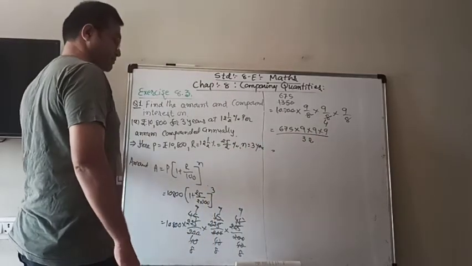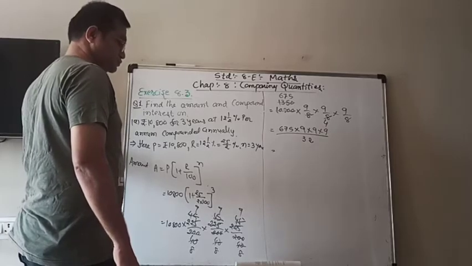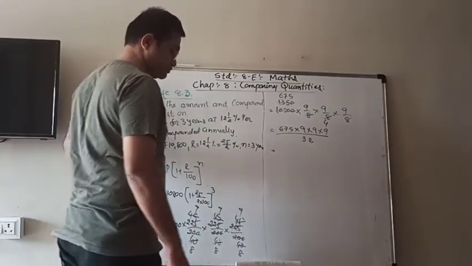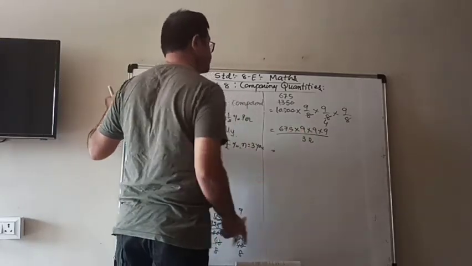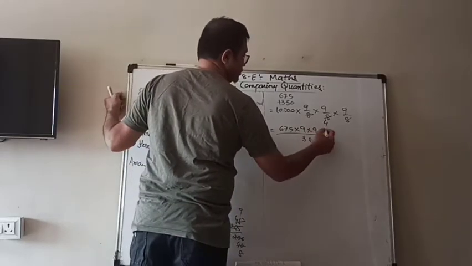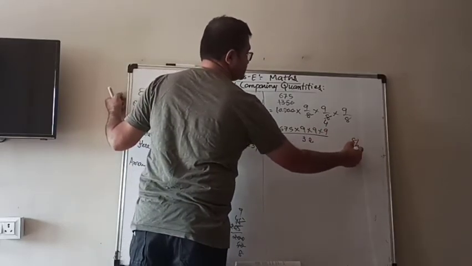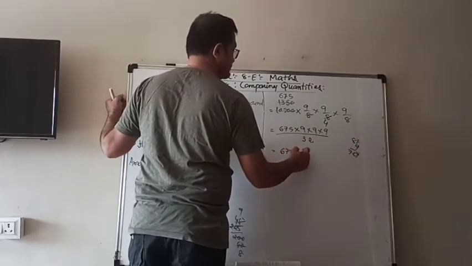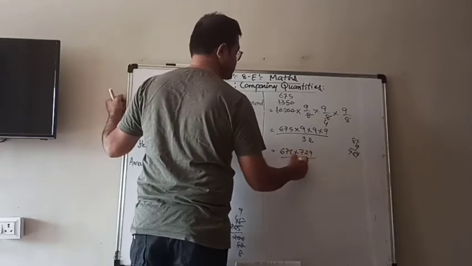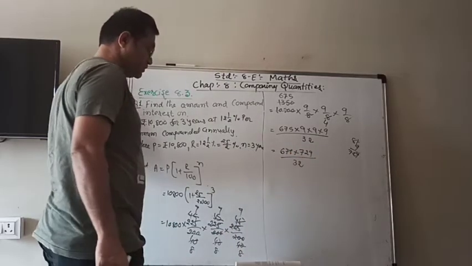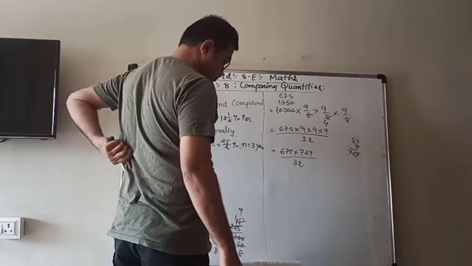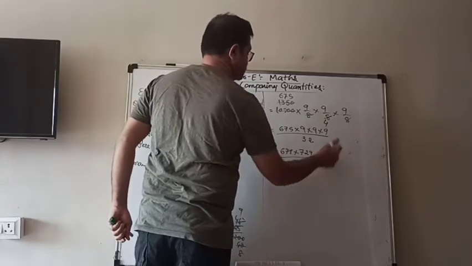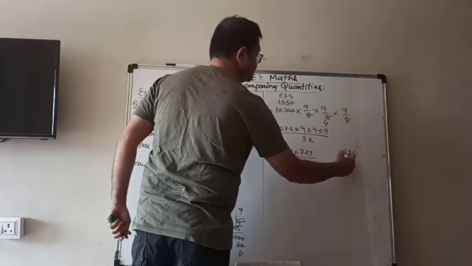So now we have to multiply 675 by 9 into 9 into 9. So now 9 nines are 81. So 675 multiplied by 729 divided by 32. So now we have to multiply them.